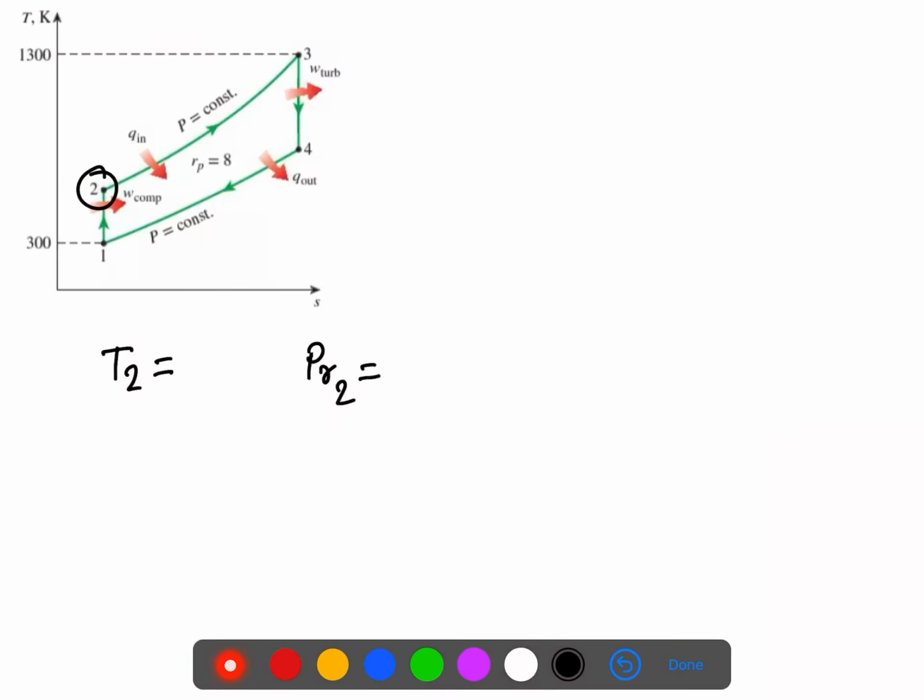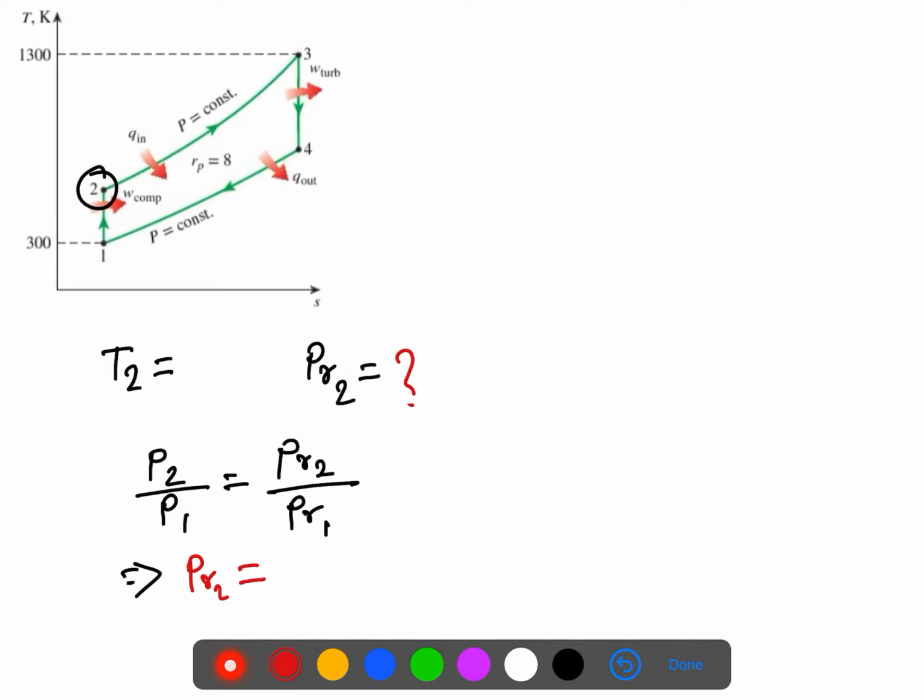From the ideal gas relations, we know the pressure ratio P2 over P1 is actually equal to Pr2 over Pr1. That means the pressure ratio will be equal to the relative pressure ratio. And in this question, this pressure ratio is given as 8. So we actually need Pr2. So we can write Pr2 equals P2 over P1 times Pr1.